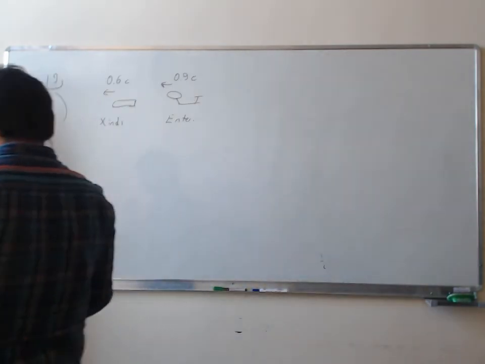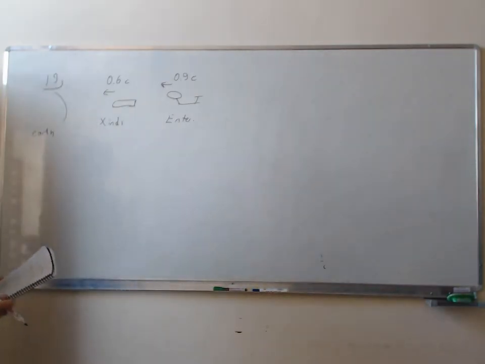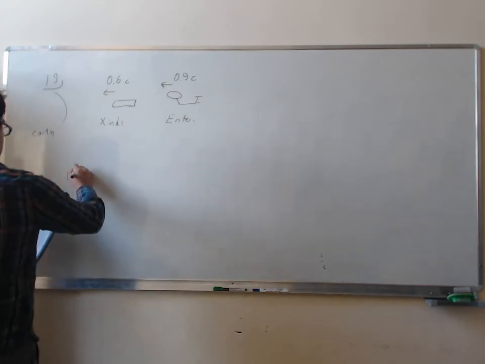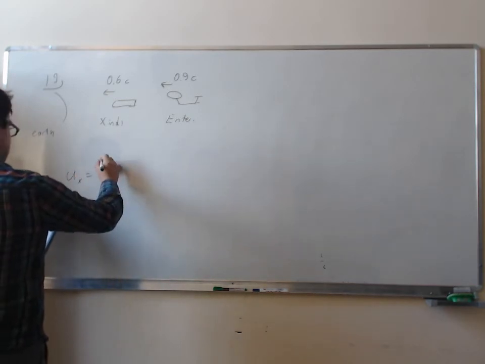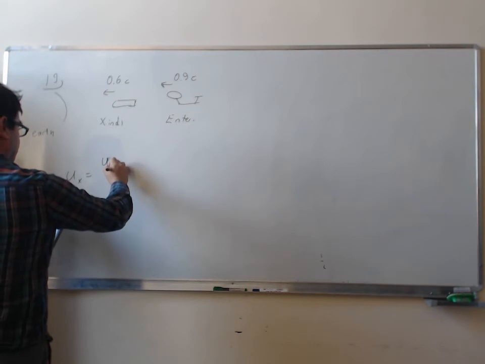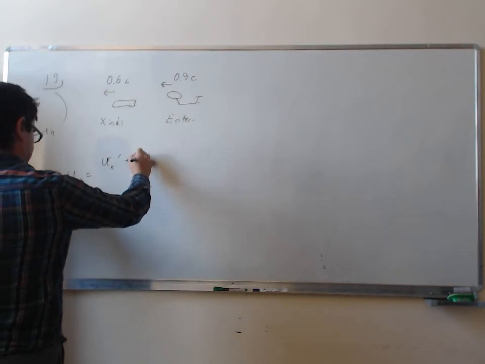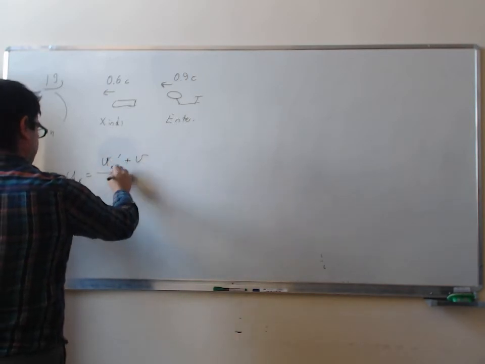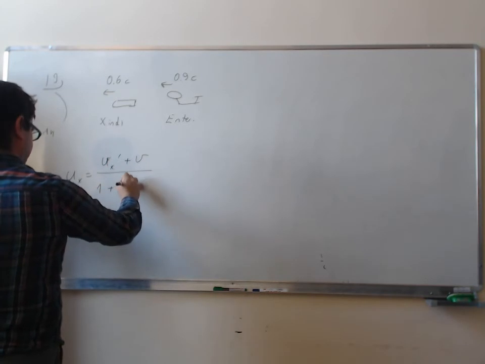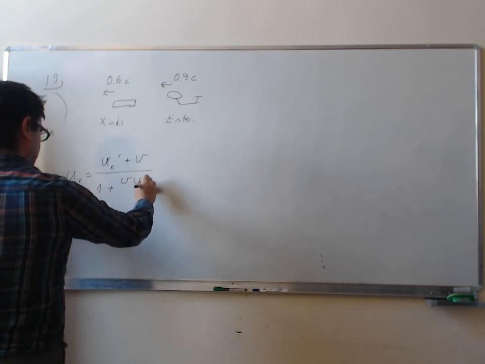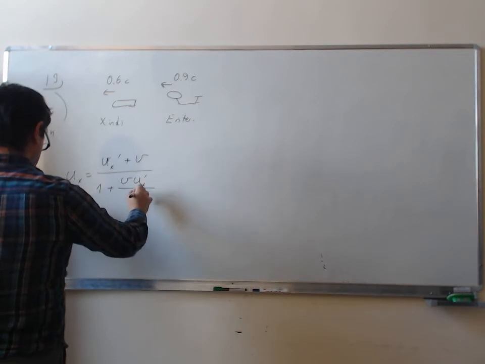Okay? Now, this is an application of the transformation of velocities or velocity addition formula. So let me just copy that formula. I have it here. So this is ux is ux prime plus v by 1 plus v times ux prime by c squared.